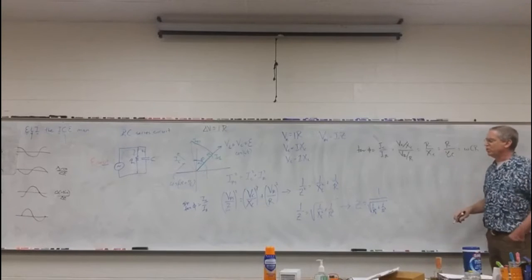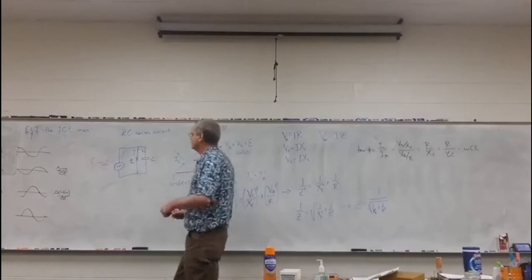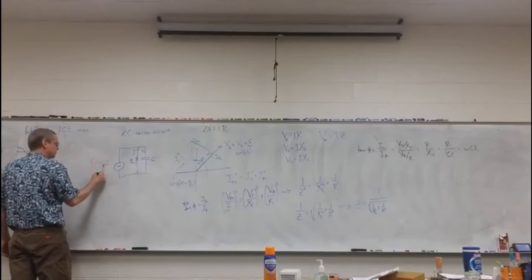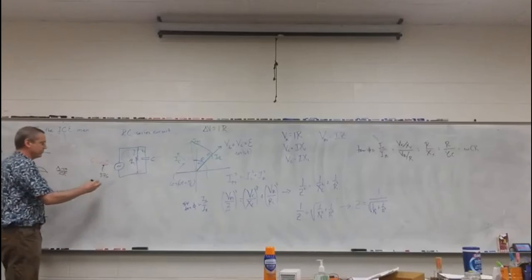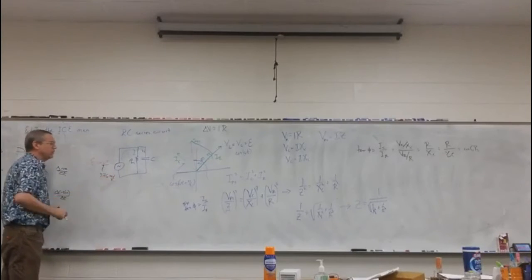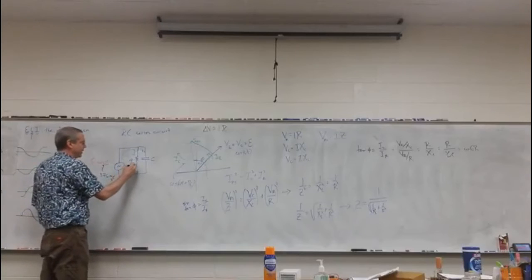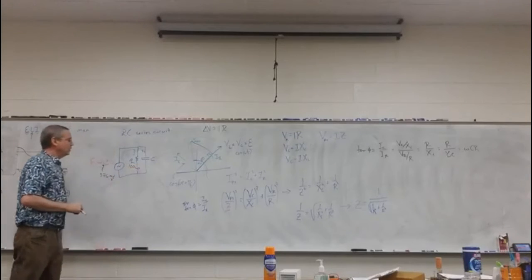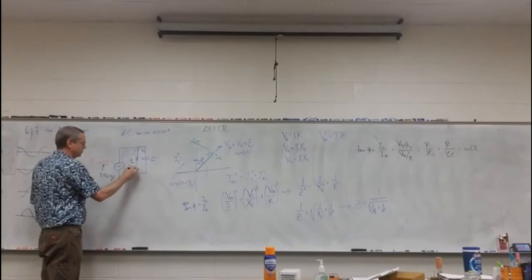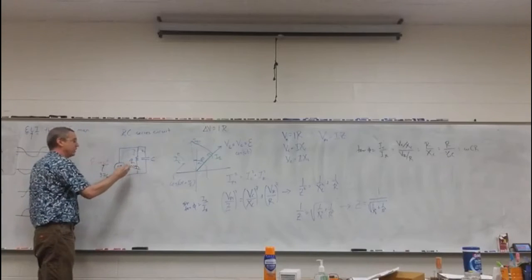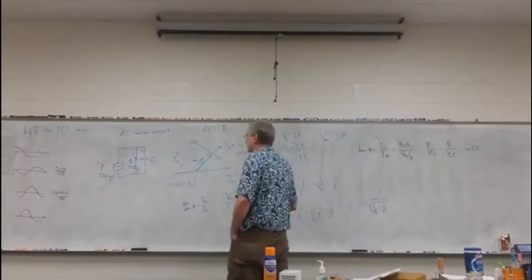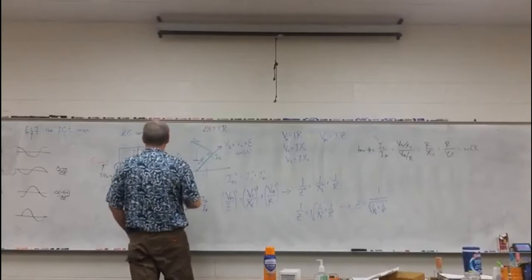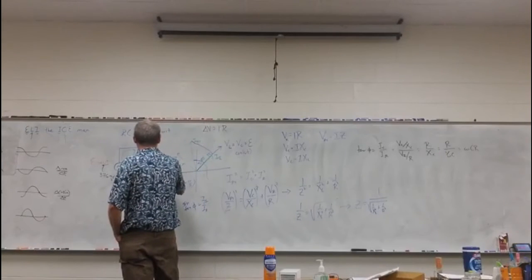So if we assume omega to be 376 point something, whatever it is for us. So 376 radians per second. Resistance of 1,000 ohms. And let's throw an extra 0 in there to actually make it 1,000. And capacitance of 3 microfarads.